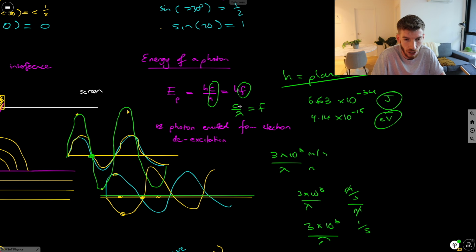You can also think of it as its frequency is 1 on time, right? And then speed, c, I'll just put s, and then lambda is a distance. So if speed equals distance over time, then time equals distance over speed.